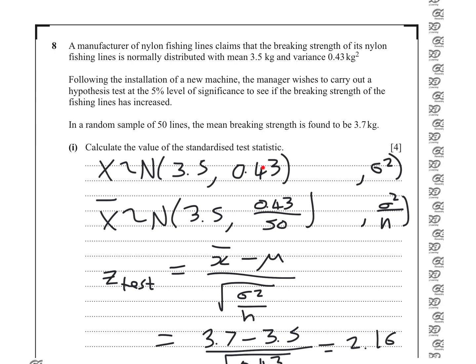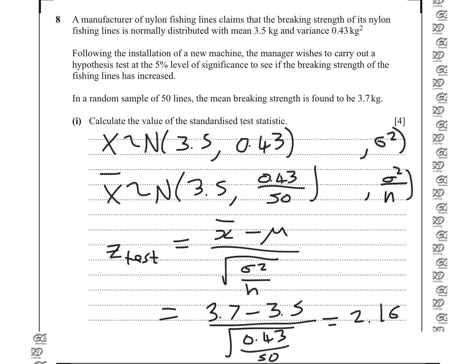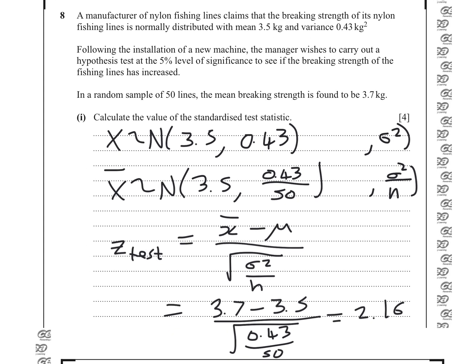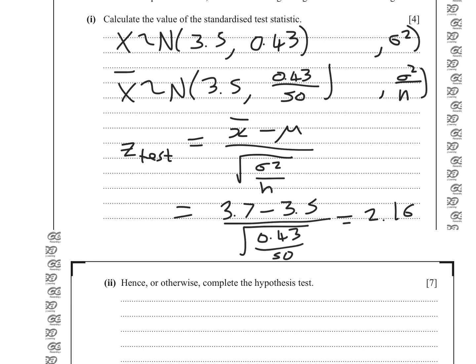There's no sign of a square here because it already has been squared. So you're just dividing that variance by 50. And then the variance has to go into the square root here in the standardization part. Then you square root that variance, and that gives you the standard deviation. So that's our Z test.